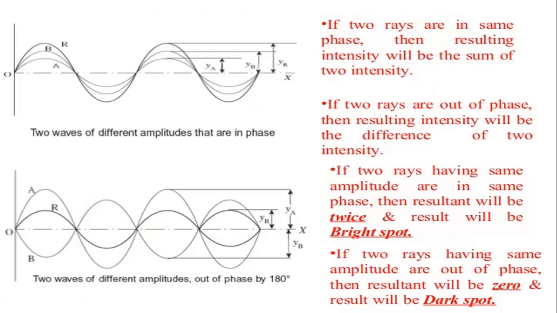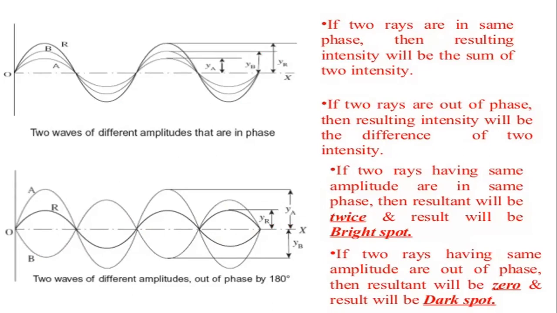And we are seeing the interference wavelengths here. If two rays are in the same phase, then the resulting intensity will be the sum of the two intensities.